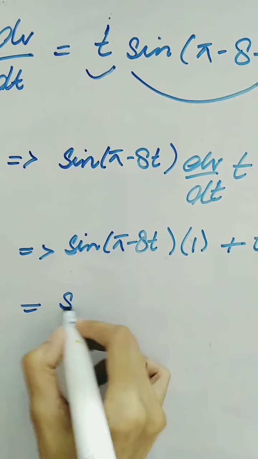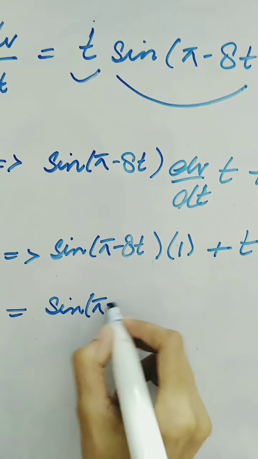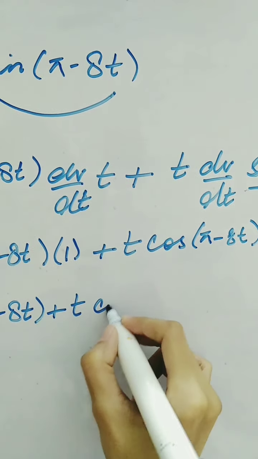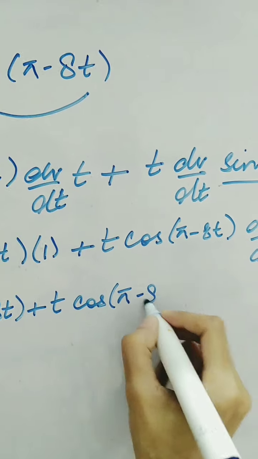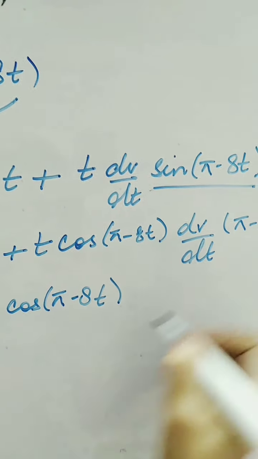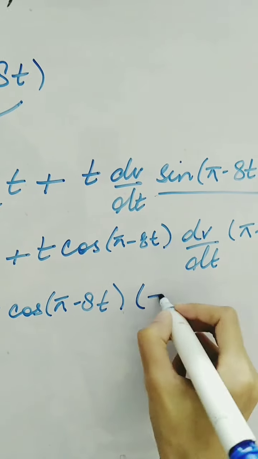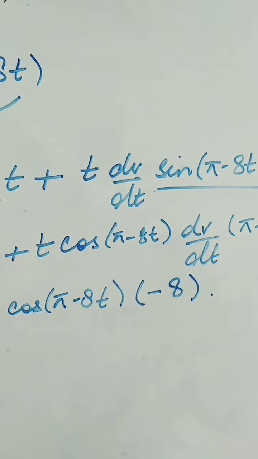Now we have sin(pi minus 8t) plus t cos(pi minus 8t), and the derivative of pi is 0, and the derivative of 8t is 8, so the derivative of the angle is minus 8.